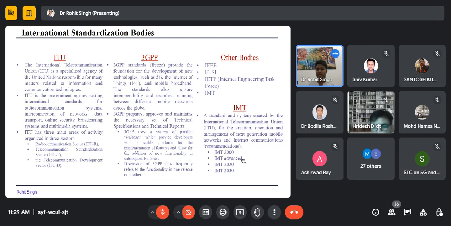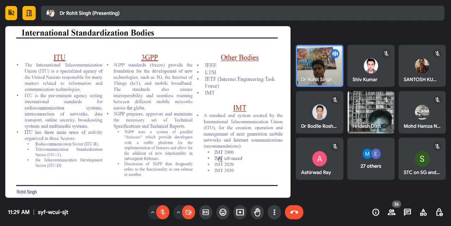For example, IMT 2000, which was developed in the year 2000, illustrates the prerequisites of the third generation. Next, in 2010, we had IMT Advanced, the requisites for fourth generation communication.